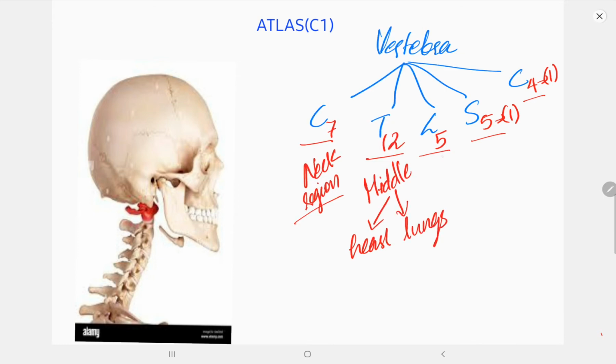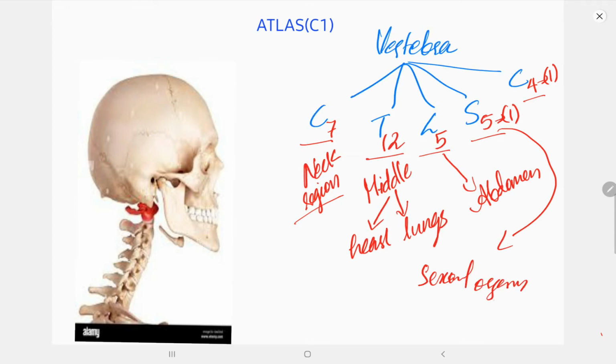And lumbar is situated at the abdominal region, and sacrum is situated at our sexual organs, urinary bladder.